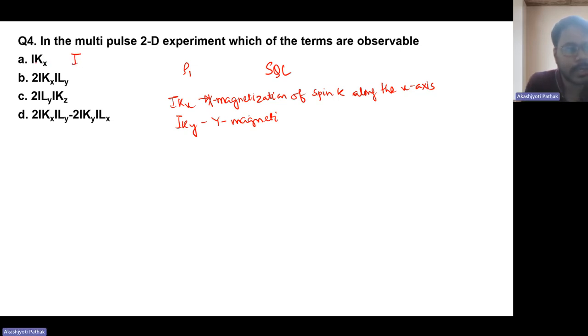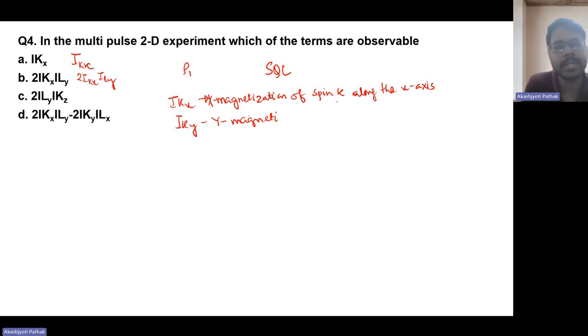Actually, there is an error in the format in which this is written. So this will be IKX. The K will be in subscript. Okay, this will be in subscript. I will correct this in the slides. So IKY, what does it mean?